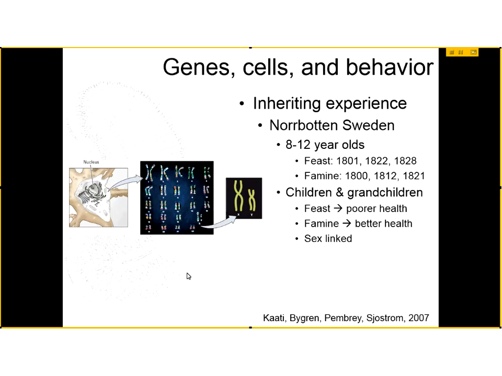But if a female had a male child, then that male would not show it. If that male had a female, that wouldn't show it either. So you had to have that continuous line, suggesting a change in the way those genes were expressed because of that early experience from the ages of 8 to 12 of feast or famine.